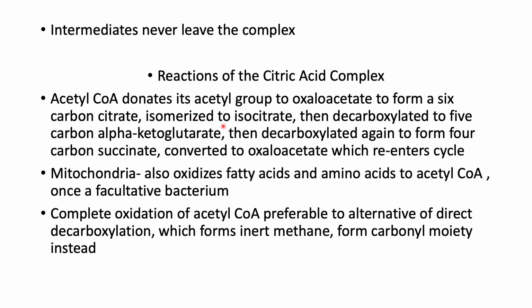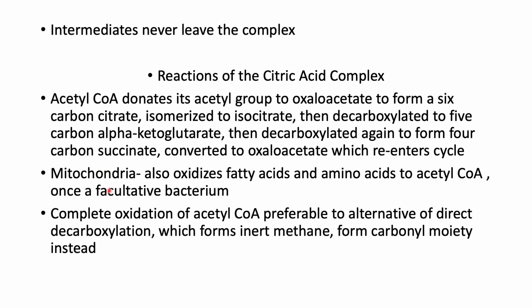This is a sequence in plain English. We will look at this mechanistically so we can understand how we get from acetyl-CoA and oxaloacetate to oxaloacetate coming out the other end of the cycle with loss of two decarboxylations here and here.